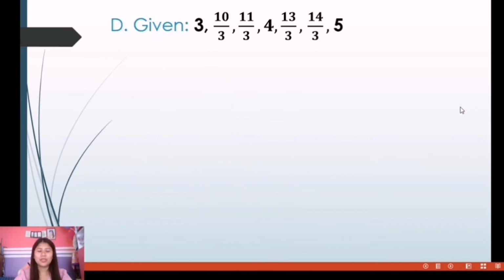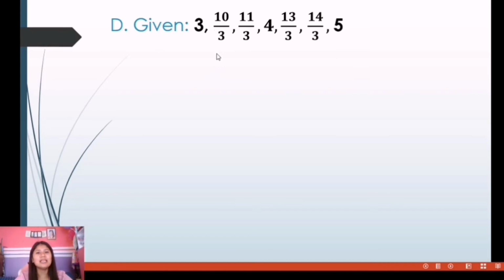Another problem. We have a sequence 3, 10 over 3, 11 over 3, 4, 13 over 3, 14 over 3, and lastly 5. Okay? So the example involves rational terms, right? Let us now consider the differences between the succeeding terms.